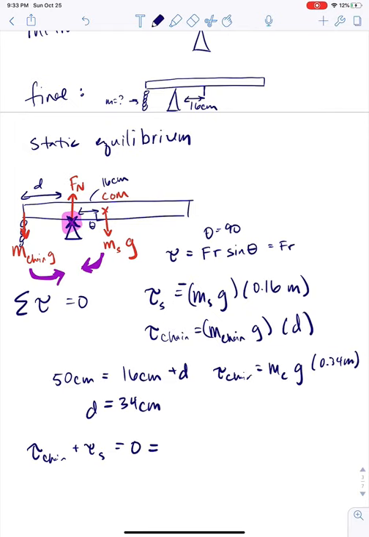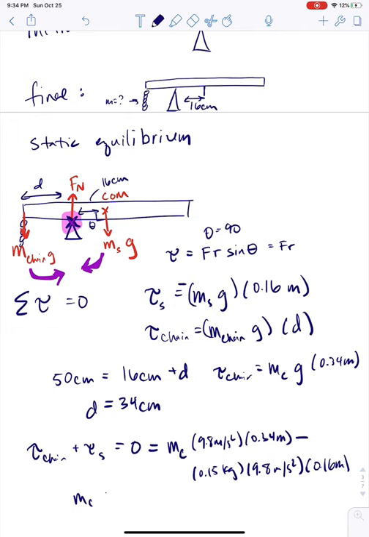and that's equal to mass of our chain, which is what we're trying to find, times 9.8 meters per second squared, times 0.34 meters, minus mass of our stick, which is 0.15 kilograms. Here's where you might have a different number in your problem. 9.8 meters per second squared for gravity, and then 0.16 meters.